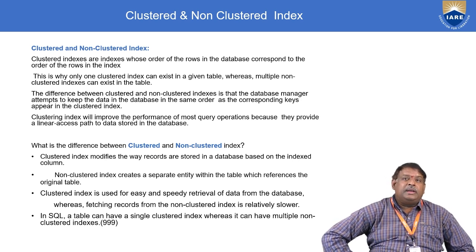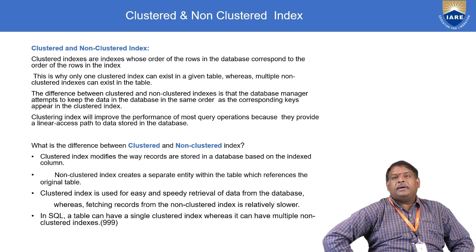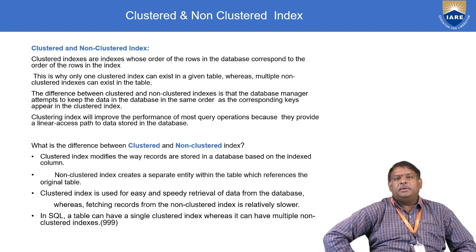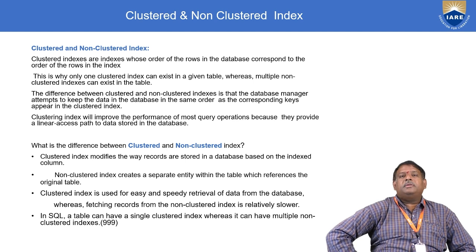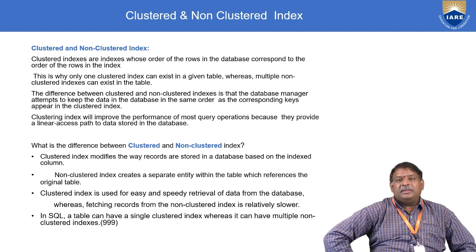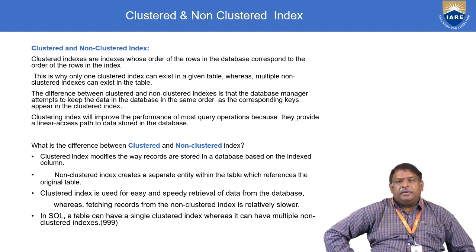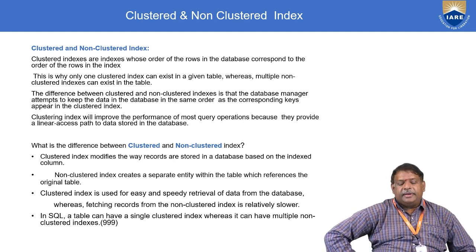The database manager attempts to keep the data in the same order as the corresponding keys appear in the clustered index. Clustered indexes improve the performance of most query operations because they provide a linear access path to the data stored in the database.